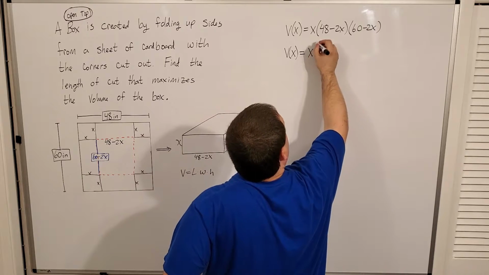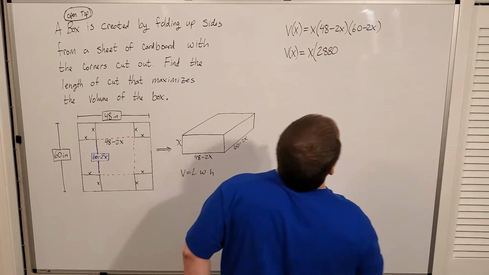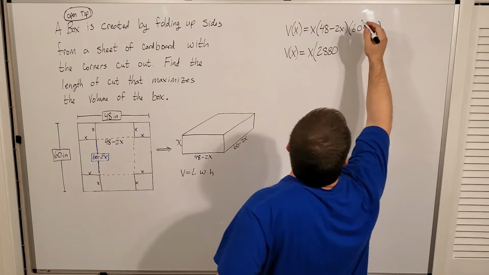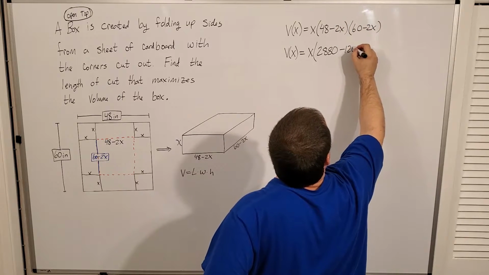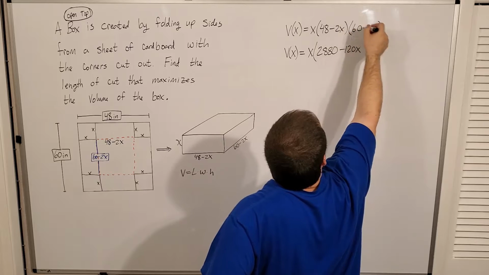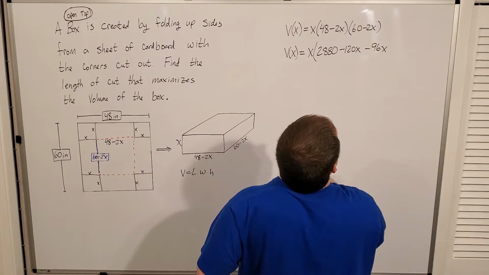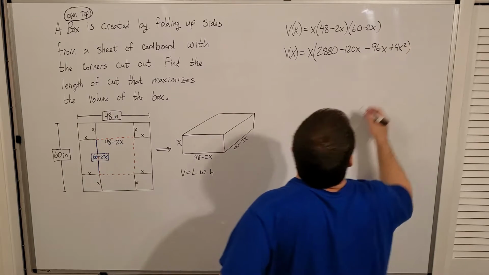So I have x times 2880, and then I've got minus 120, and I've got minus 96, and then plus 4x squared.